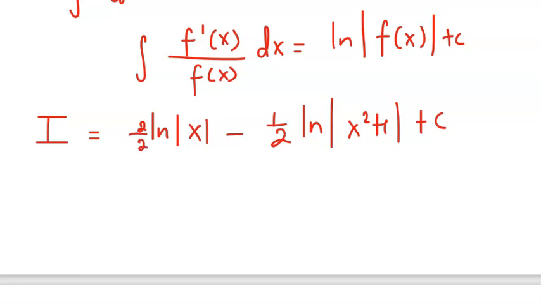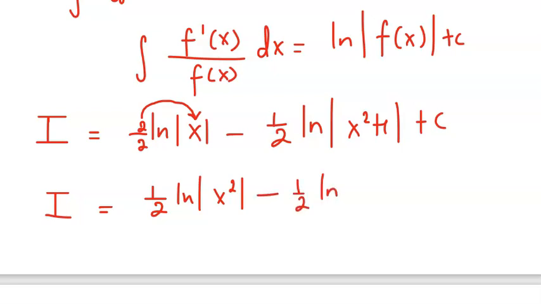Again, with the property of natural logarithm, this 2 up here will become the power of x. So we get I is equal to 1 over 2 the natural log of x squared minus 1 over 2 the natural log of x squared plus 1, plus c.